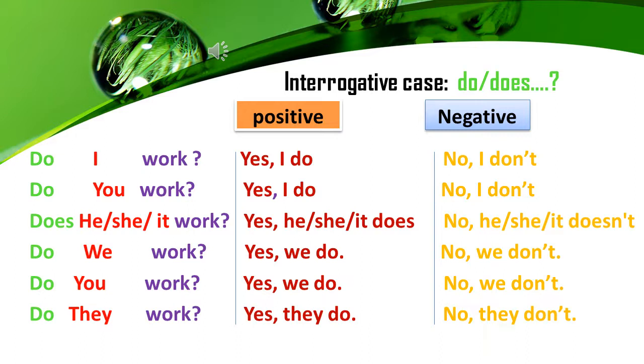And there are answers or short answers to these questions. For example, do I work? If I want to say yes, a positive answer, yes I do. Negative, no I don't. Do you work? Yes I do. No I don't. Does he work? Yes he does. No he doesn't. Does she work? Yes she does. No she doesn't. Does it work?